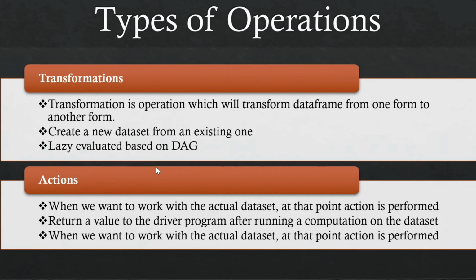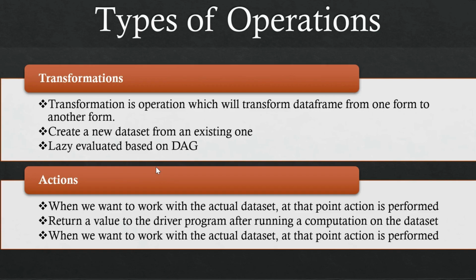What is a transformation? A transformation is an operation which will transform a data frame or a data set or an RDD from one form to another form. So the data doesn't remain the same, it is converted from one form to another form and it creates a new data set from the existing one. It is not going to replace the data set, it is going to create a new data set from the existing one.